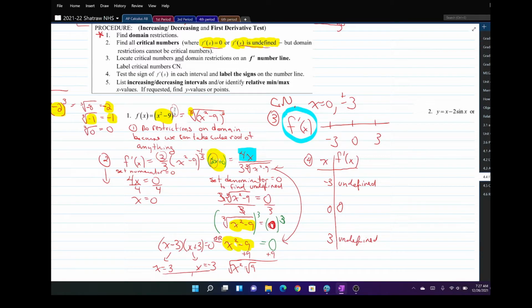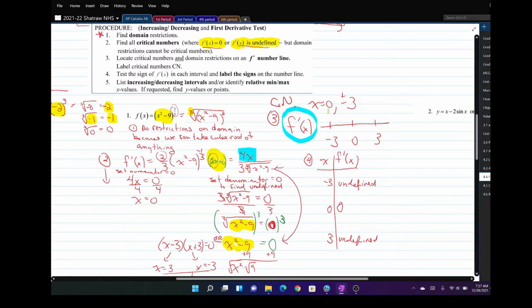Well, what I'm looking for is, if this is a critical number, if this is going to be some sort of minimum, which I'm just giving you a hint, it is. If this is supposed to be some sort of minimum, what's happening nearby it is that I should have a negative slope and I should have a positive slope.